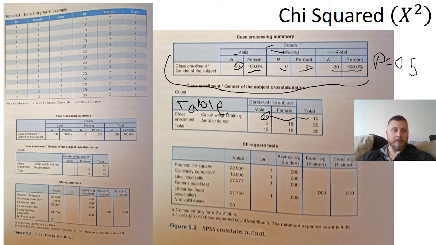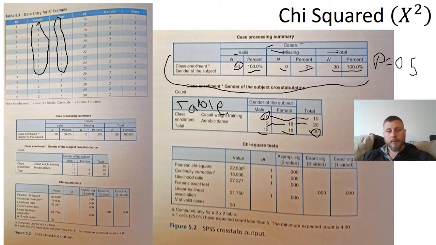Going back over to the data again, you can see that it's these individuals here that signed up for that class, and they relate heavily to all ones, all ones all around. But 2 males met up with 18 females and made a class of 20 people to enjoy aerobic dance. Thus again equaling the 30 here, and you've got 12 male participants and 18 female participants, so those are just totals.